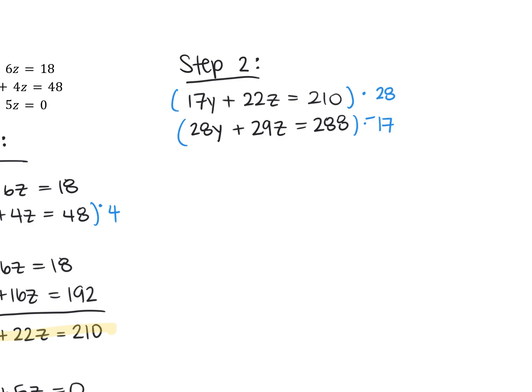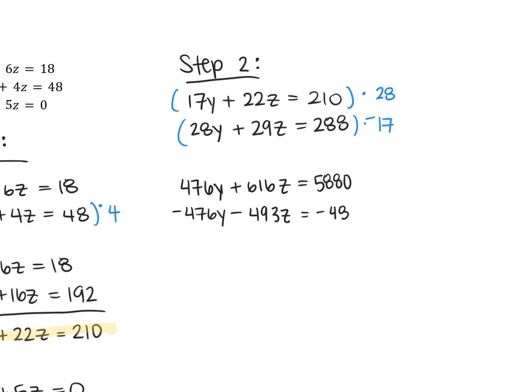So when I multiply my first equation by 28, we'll get 476y plus 616z equals 5,880. And then for the second equation, we'll have negative 476y minus 493z equals negative 4,896.